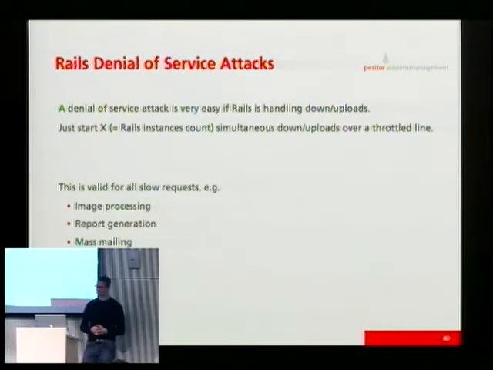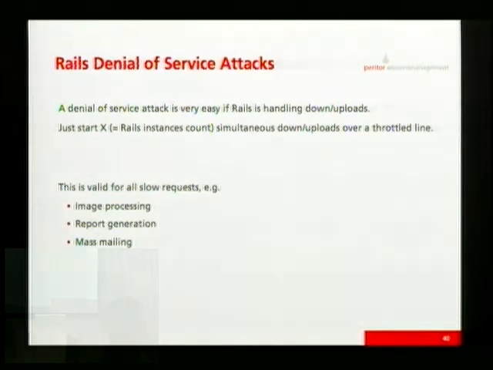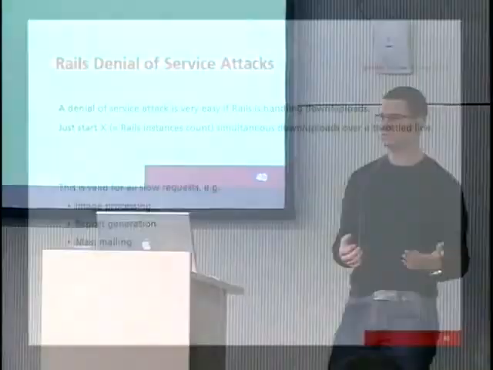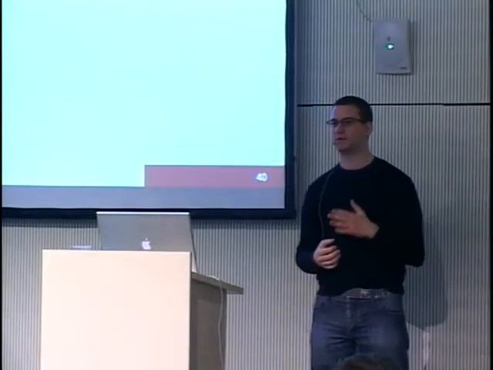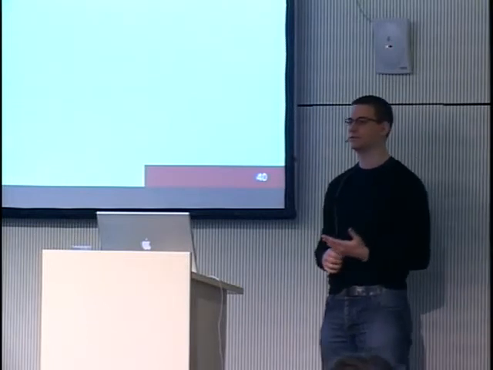If your site ever handles downloads or uploads through Rails, I just have to start X concurrent requests over a throttled line. If you have 80 mongrel processes running, I just have to start 80 uploads, and your page is dead, because there are no Rails processes left to handle incoming traffic.